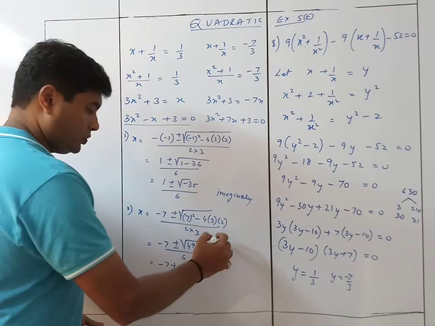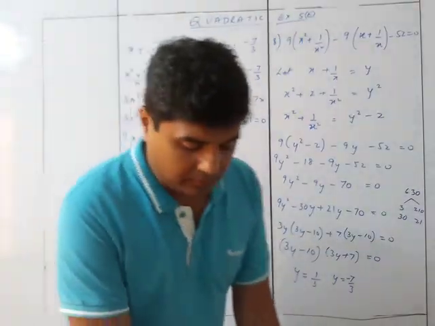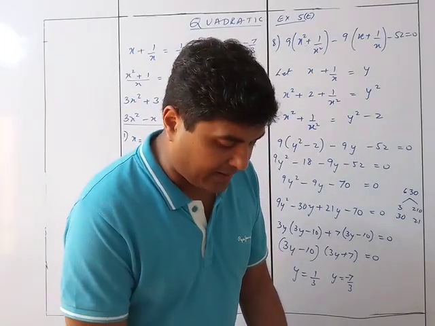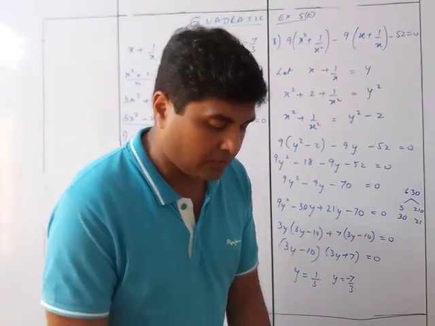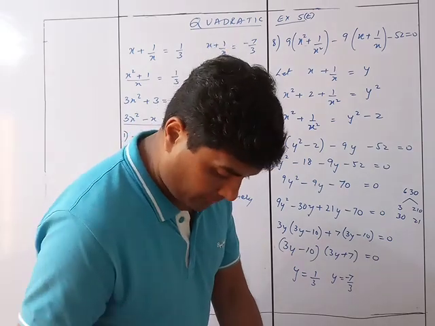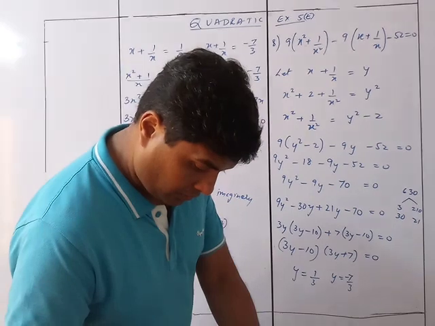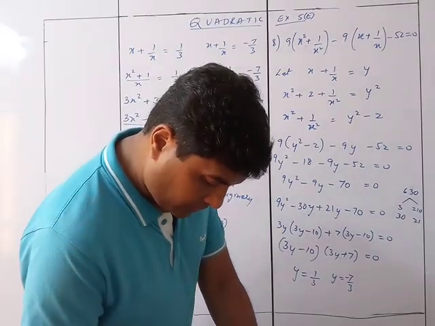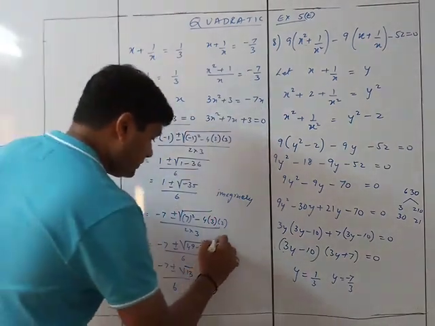Got it? So you put the value of root 13 from the table given behind. So from the table given behind, I get the value of root 13 to be 3.606. Okay.